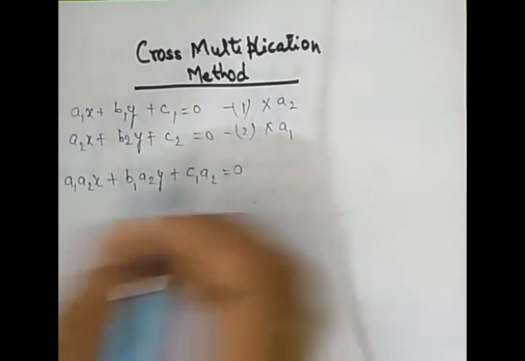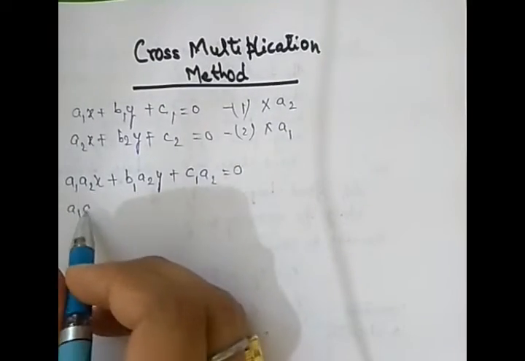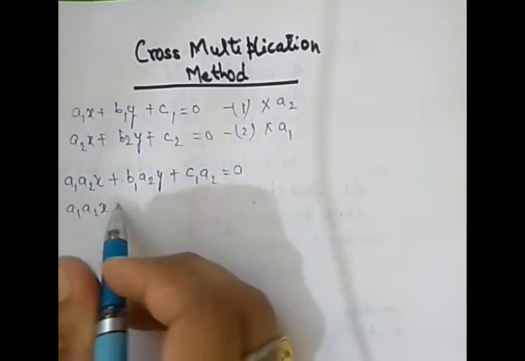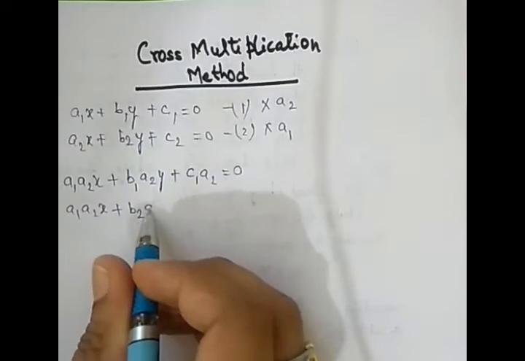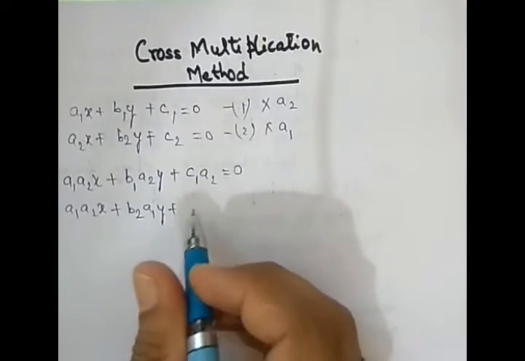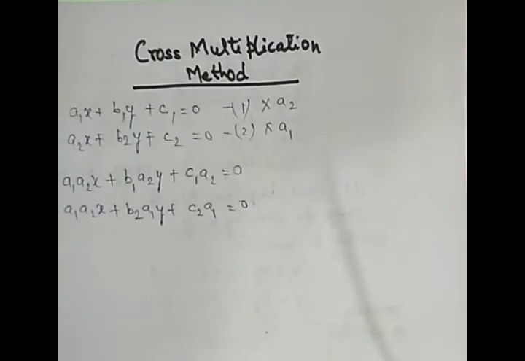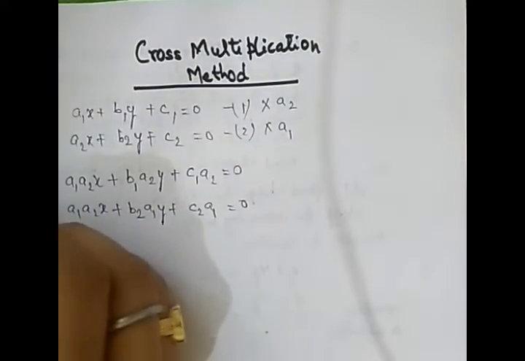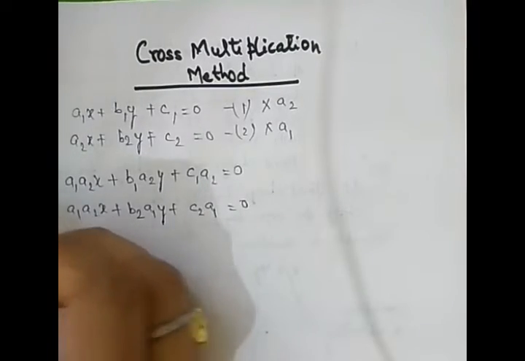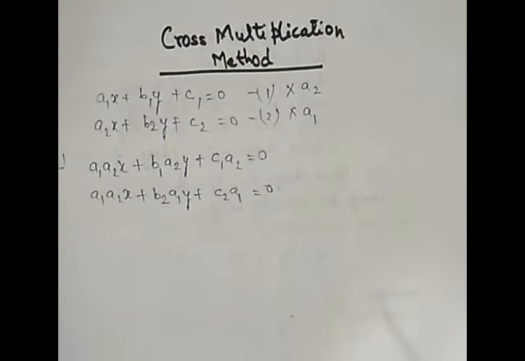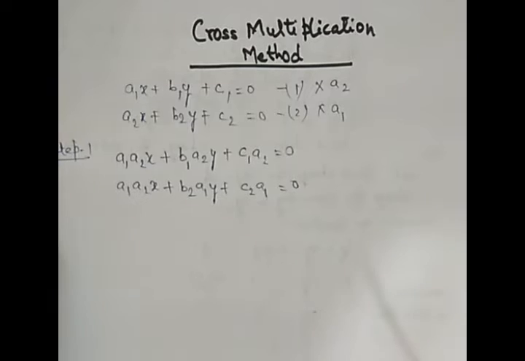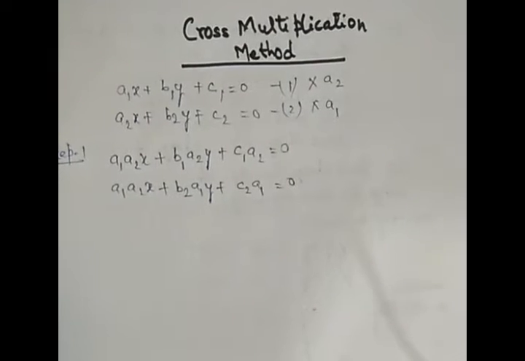Okay, and the second condition will be a1 a2 times x plus b2 a1 times y plus c2 a1 is equal to 0. This is our step 1.